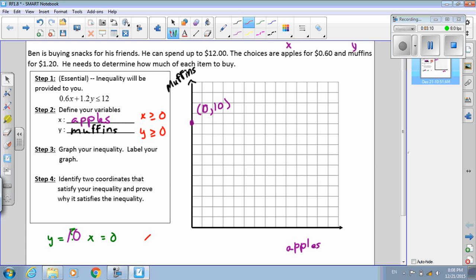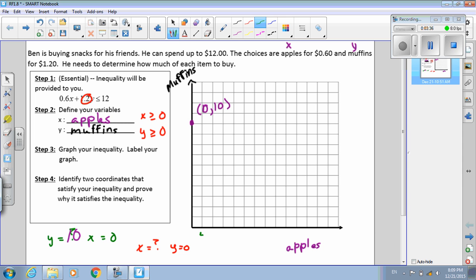Let's do the same for the x value. What is the x-intercept if y is 0? If y is 0, 6 tenths times what gives me 12? That's 20. Now, if you notice, there are not 20 squares here, so we'll have to change our scale, meaning that each unit would represent 2.